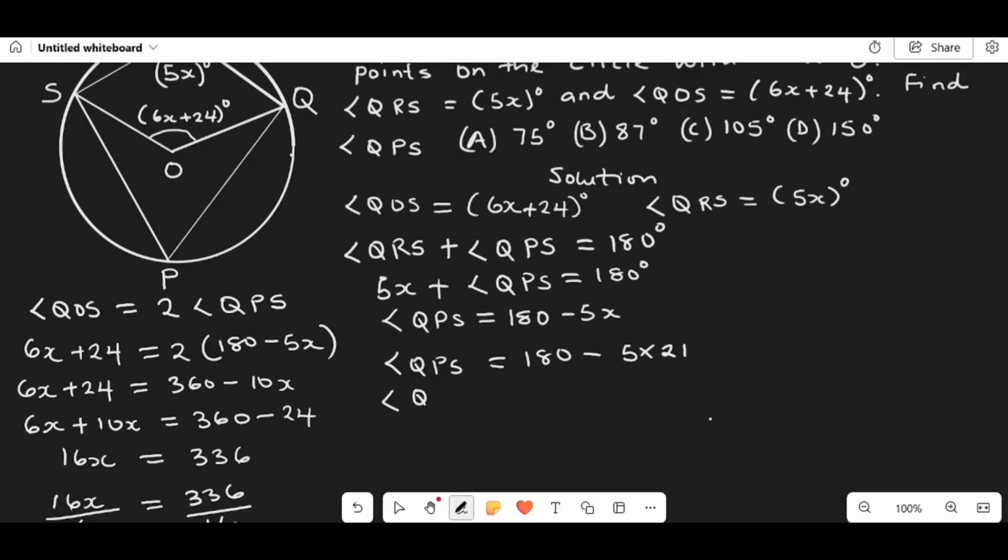Angle QPX equal to 180 minus 5 times 21 is 105. So angle QPX equal to 180 minus 105 will give us 75 degree.